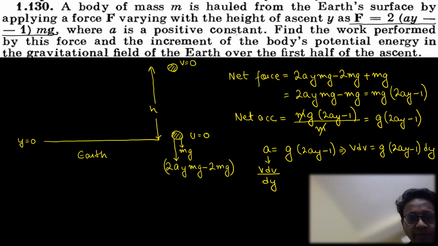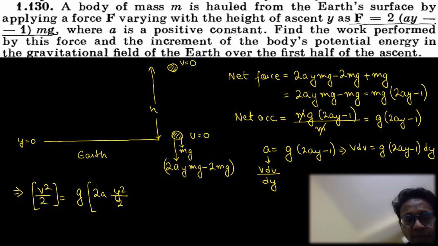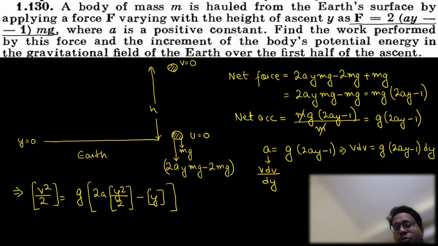Or v square by 2 is equal to g into (2ay square by 2 minus y). Now we need to put down the limits of this integral.